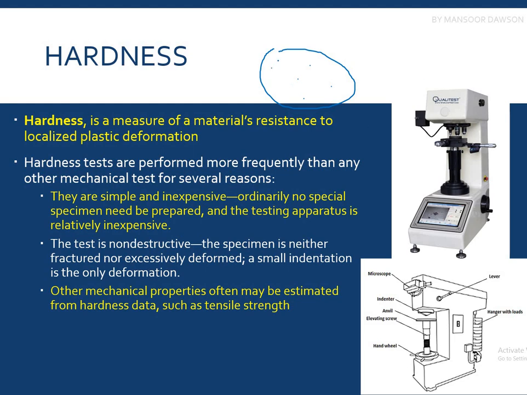So the test is non-destructive. All right, and through this test we can also predict some other mechanical properties like tensile strength and impact energy, or through some computations we can also find out the fracture toughness of a material.